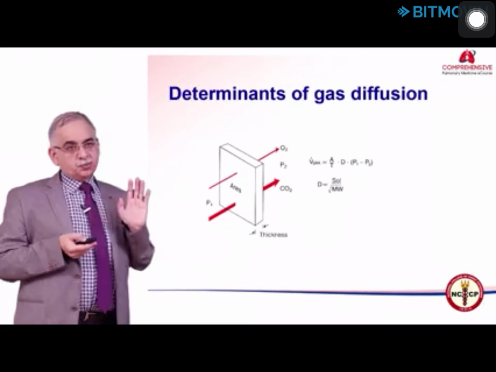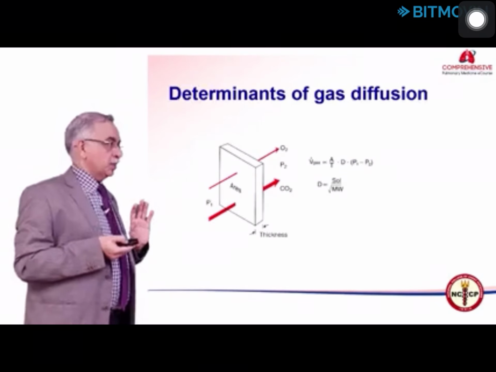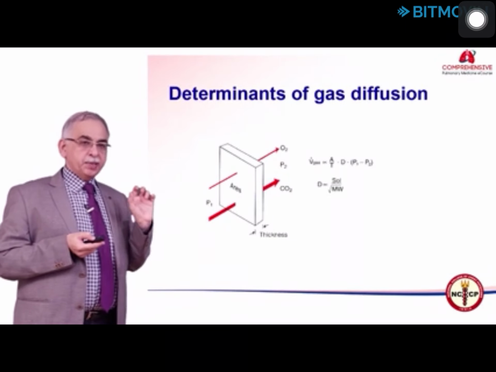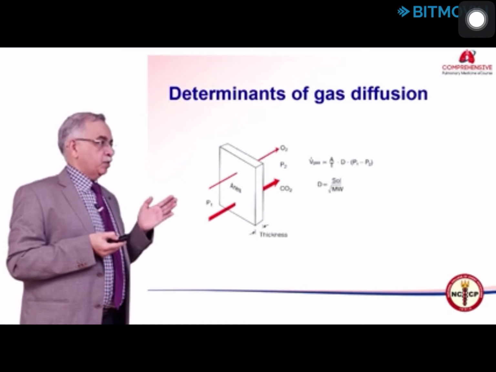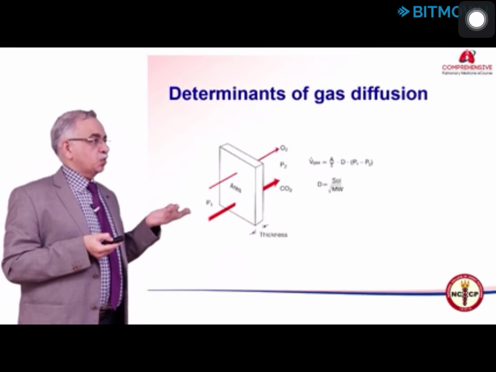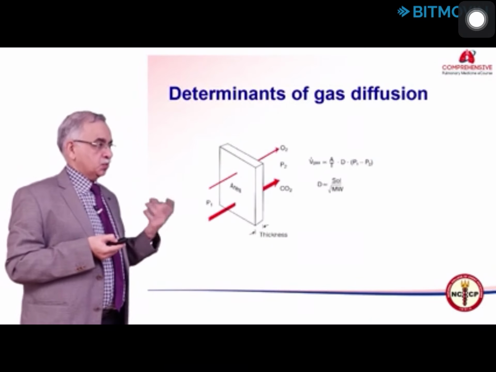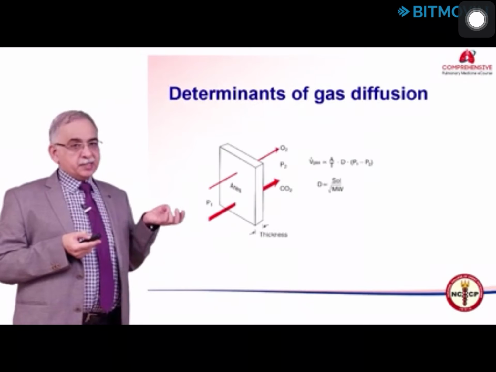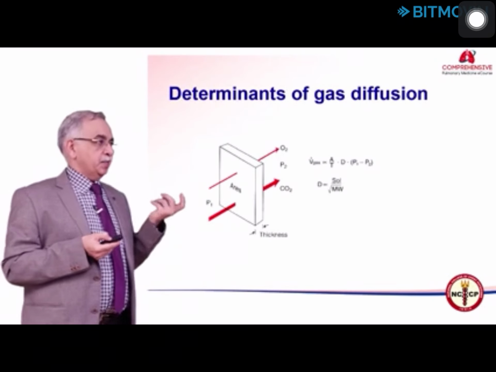So, the volume transfer is proportional to the area available. Thickness is an impediment, so it will be inversely proportional to the thickness, and of course, the physical properties or the diffusivity of the gas, which is a constant, like carbon dioxide diffuses faster than oxygen. So, the factors which can pathologically affect are the thickness and the area.